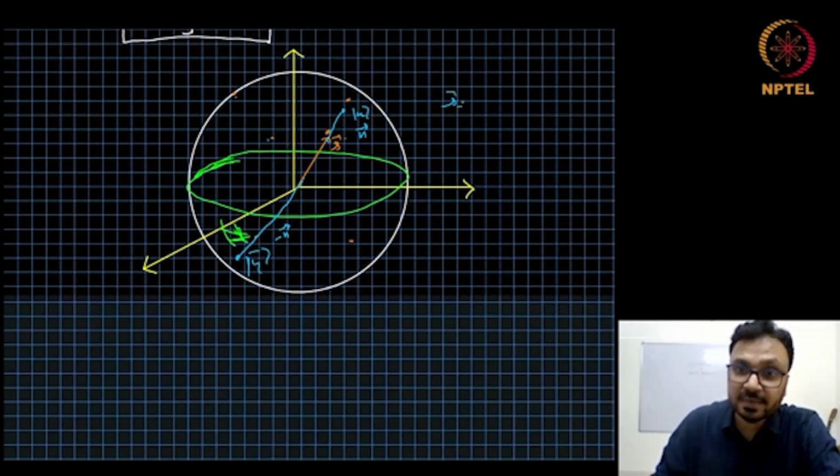Then S vector can be written as p times n vector plus 1 minus p times minus n vector. That will be 2p minus 1 times n.